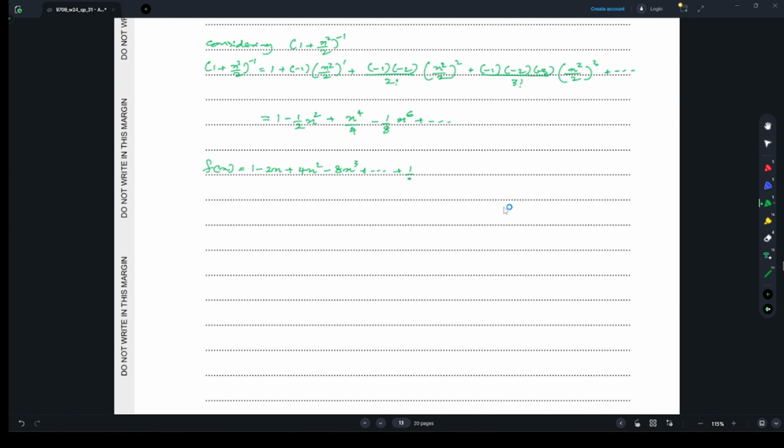So half times 2x plus 3 times, and we have this part, 1 half x squared, x to the power 4 minus x to the power 6 plus.